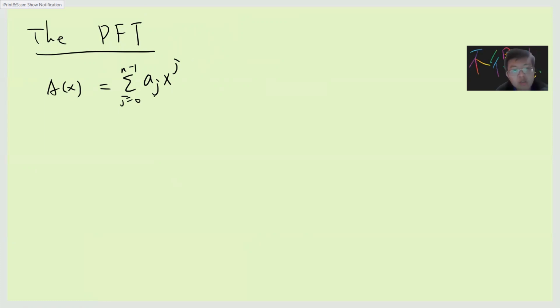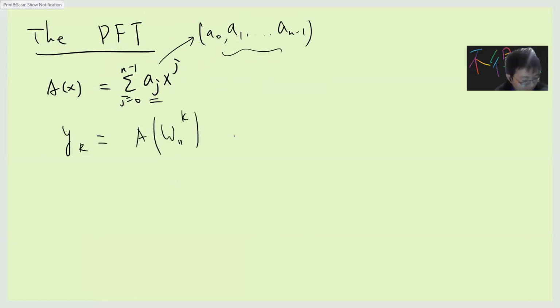Okay, so let's take the coefficients. You can make the coefficients a vector, so you get a_0, a_1, up to a_{n-1}. So this is a vector in n dimensions. And I define the Fourier transform to be the following. I define y_k to be a evaluated at omega_n^k. It means the summation of a_j omega_n^{kj}, j from 0 to n minus 1.